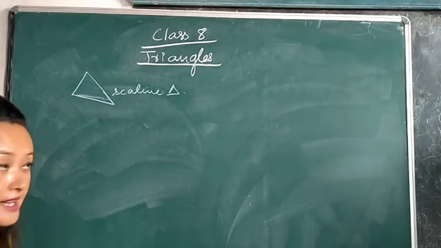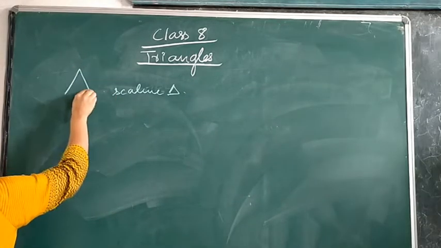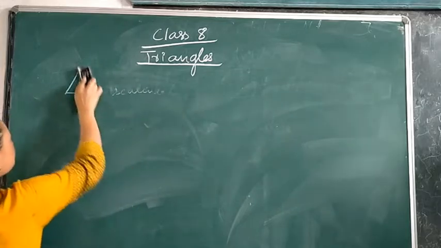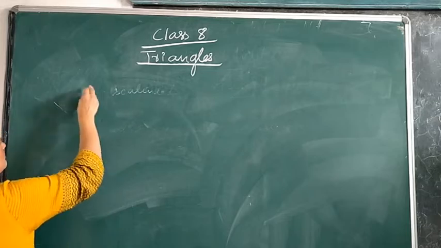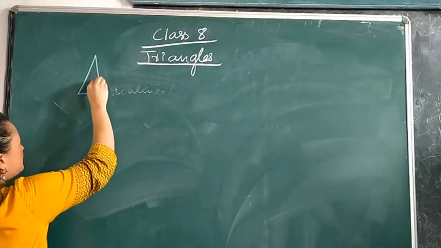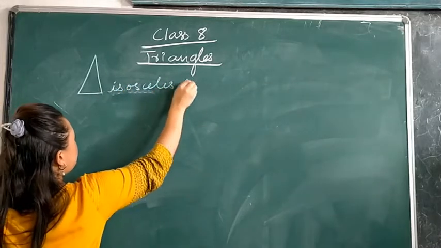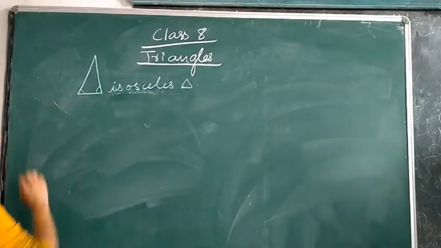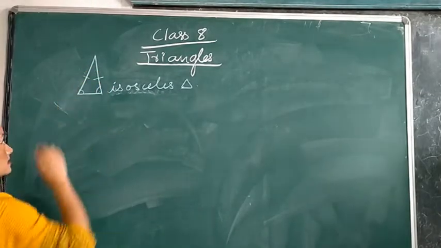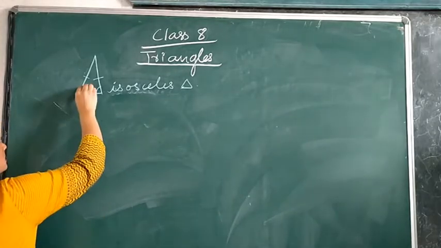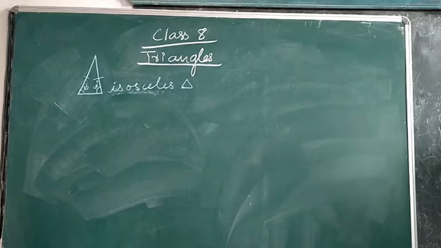A triangle which has 2 sides equal is called an isosceles triangle. The equal sides will have equal angles, and the equal angles would be 45 degrees each.